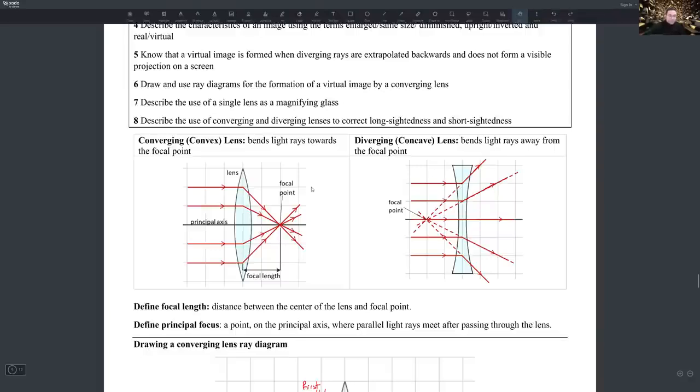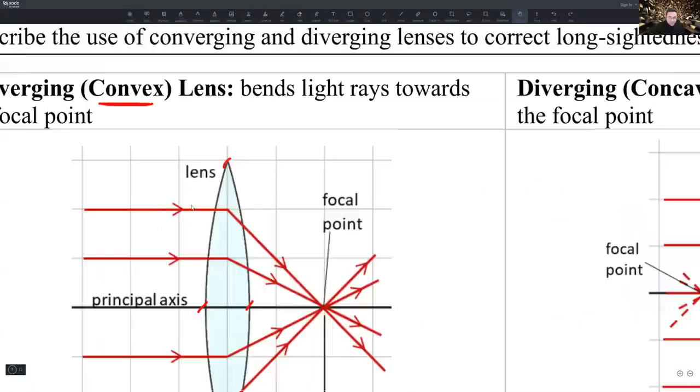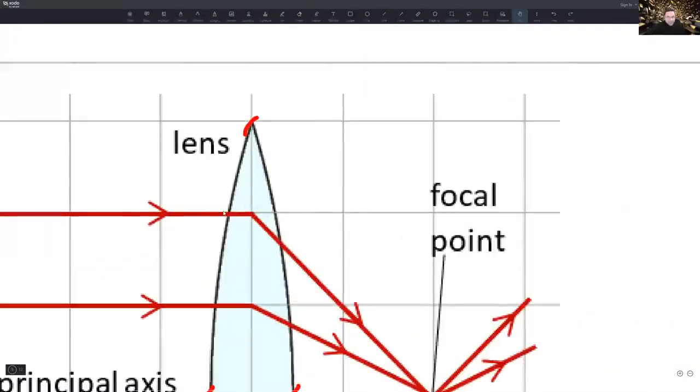The type we'll focus on a lot is the convex lens. A convex lens is a lens that's thick in the middle and thin at the top and bottom. When a light ray, and I'm going to only do this once, okay? When a light ray hits the surface of that lens and we draw a normal, it bends closer to the normal.